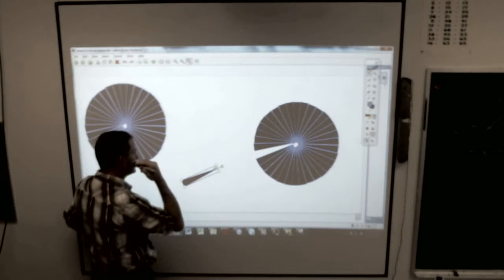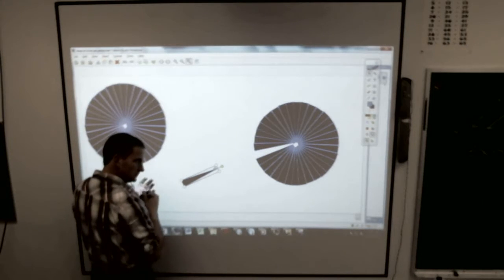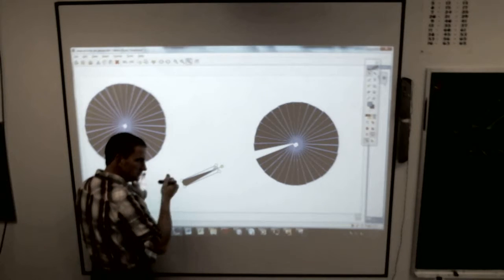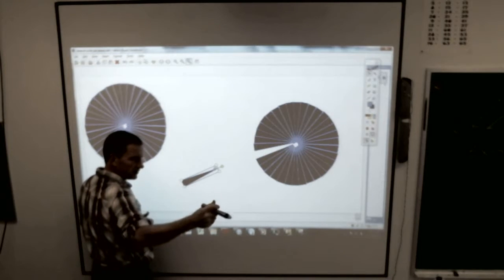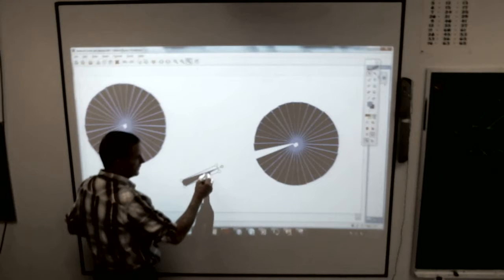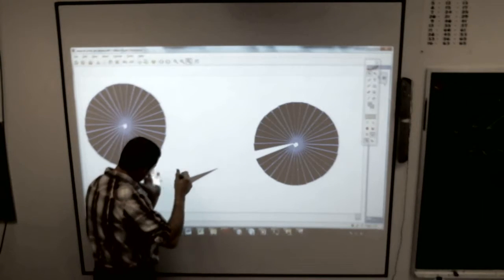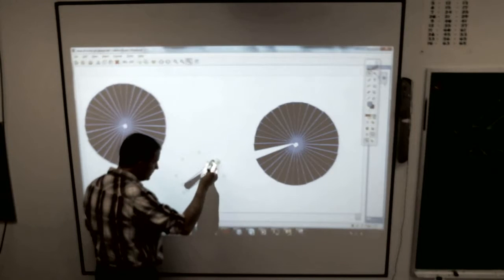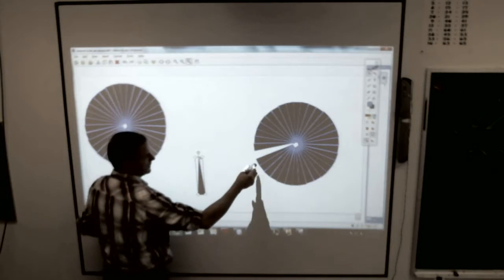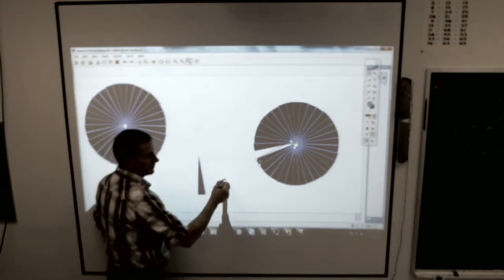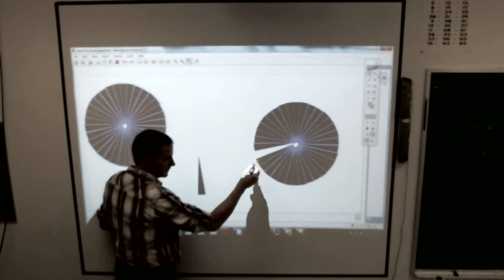Either my pen's not working or you think there's something wrong with that? There we go. Take a piece, and I rotate it like this. And I take another piece. Take another piece. Take another piece.